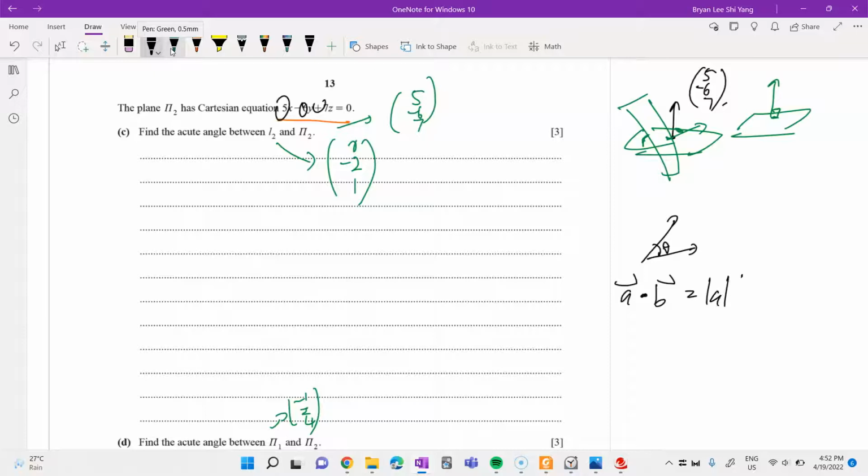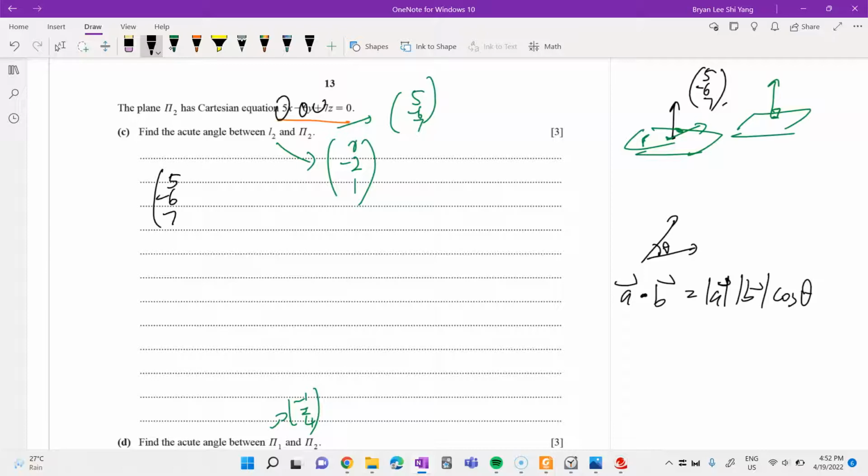It will be equal to the magnitude of A times the magnitude of B times cosine of the angle between them. So I have these two. Find the acute angle between L2 and pi 2. I'll use the normal vector first.